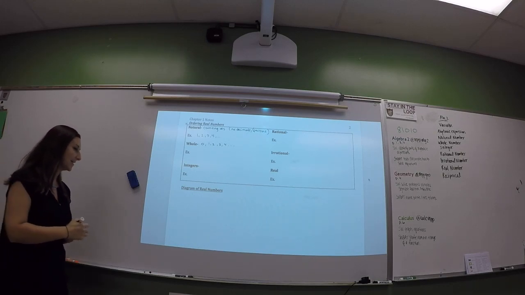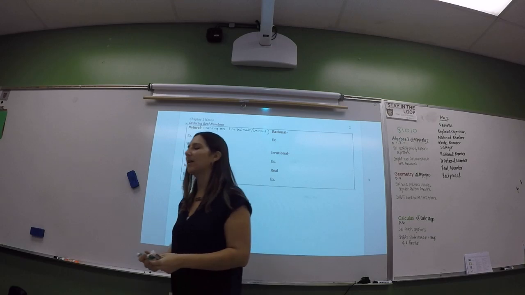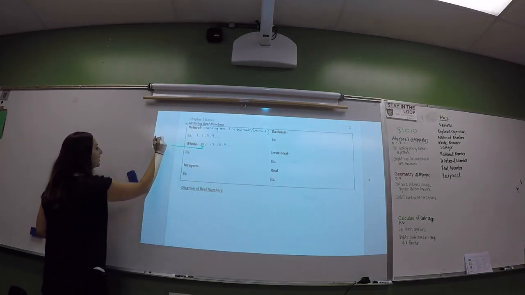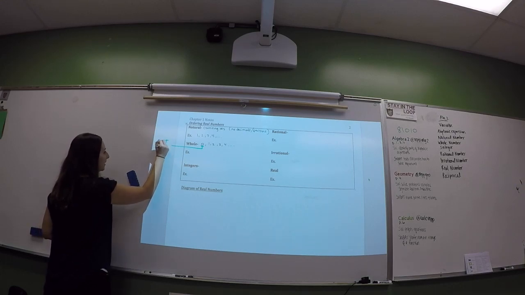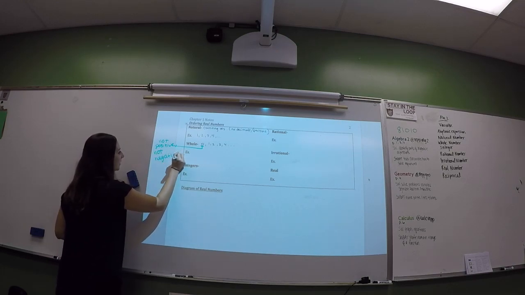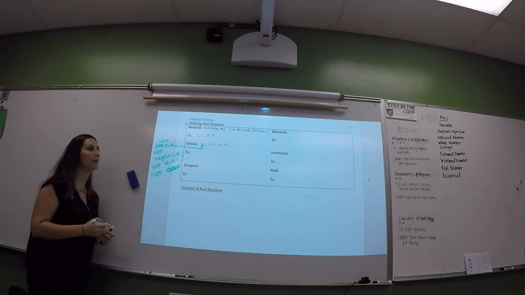I want to point out at this time, because at some point last year, nobody knew this, and I don't really know when you're supposed to learn this. The number 0 is not positive, and it is not negative. It is not even. It is not odd. Okay, 0 is 0.